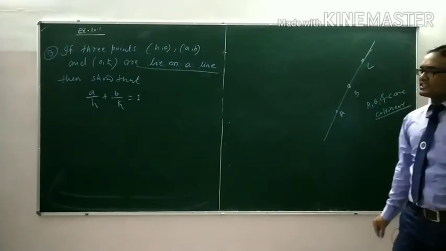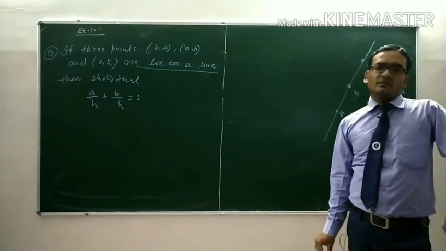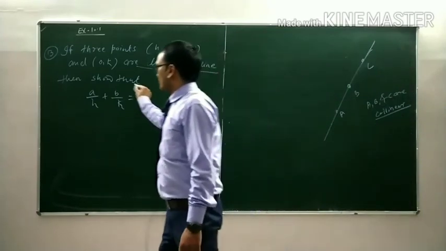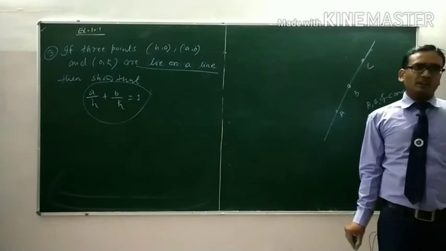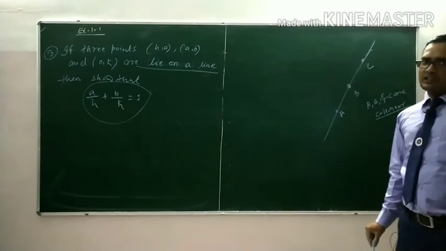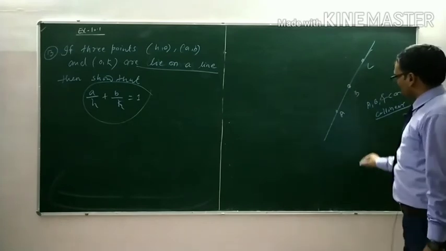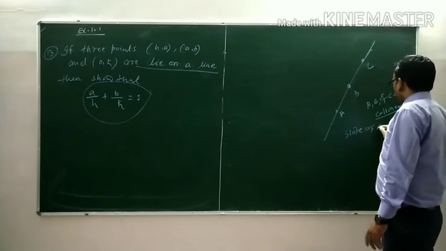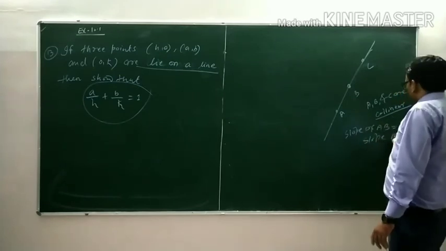Using the concept of collinearity of 3 points, we find the required result a upon h plus b upon k equals 1. Here, if 3 points are collinear, then the slope of AB is equal to the slope of BC.